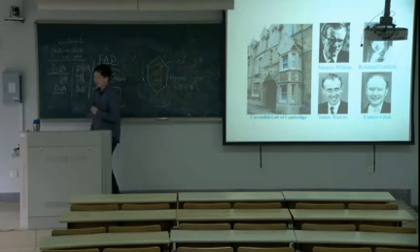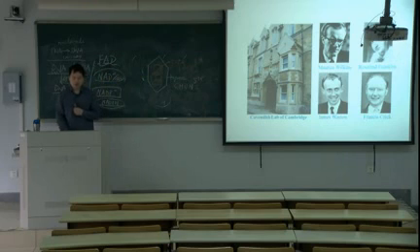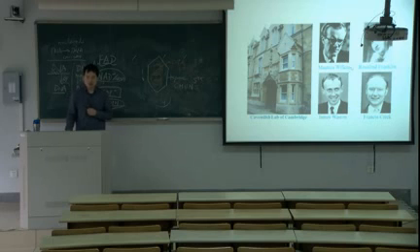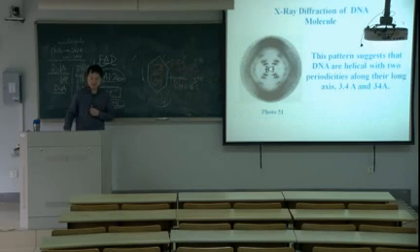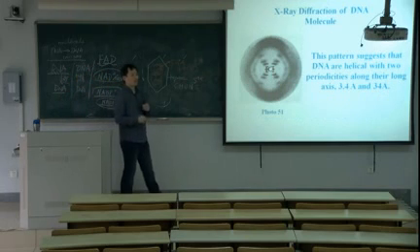And at that time, female scientists were not very respected in England. And Franklin and another scientist called Wilkins. Wilkins thought Franklin worked for him, but Franklin didn't think so. Franklin thought she worked independently. Franklin is a crystallographer.